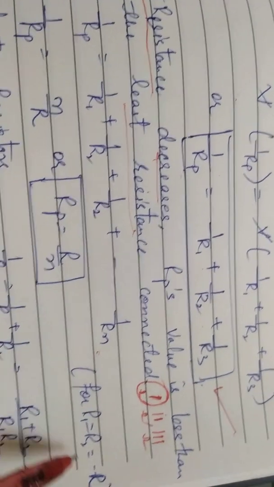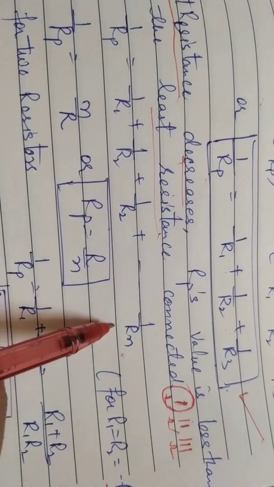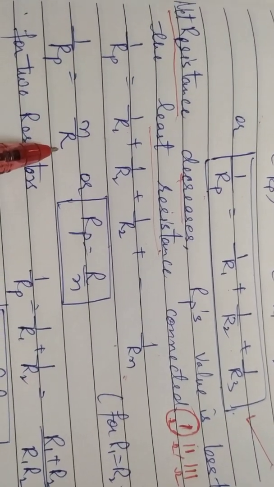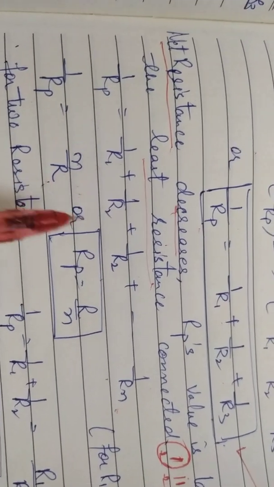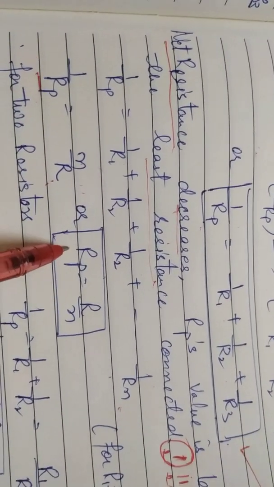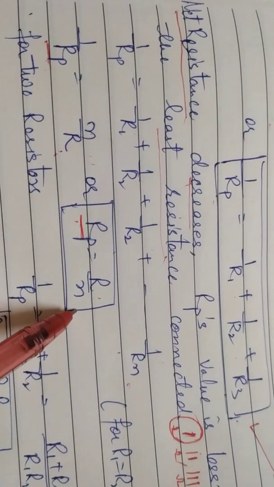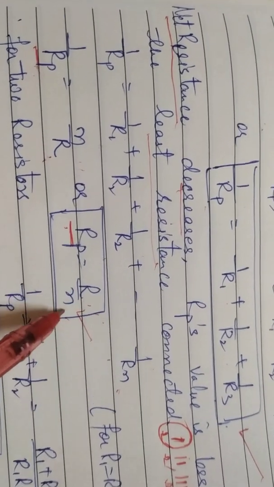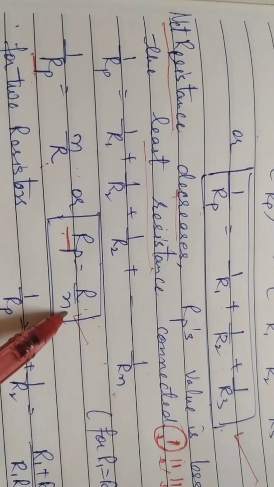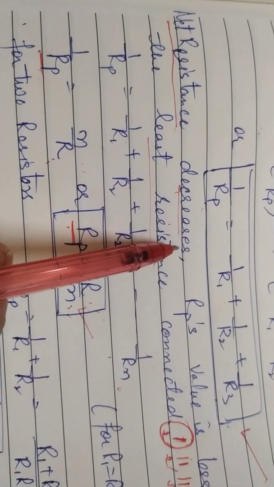And if all the resistors are equal, you will get 1 by R, 1 by R, 1 by R, 1 by R. It means n times 1 by R. So 1 by Rp will be n by R. But we are interested in the result, not the reciprocal. So result Rp will be R by n. R by n means it is getting reduced by that factor. So again this result tells us that the net resistance decreases.